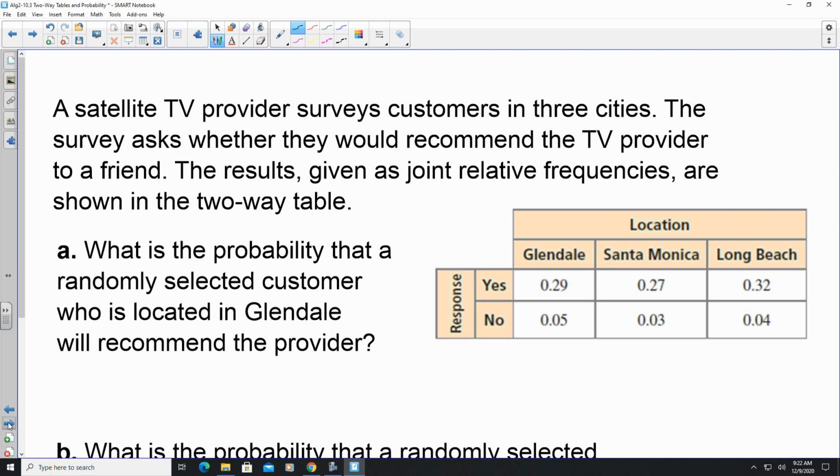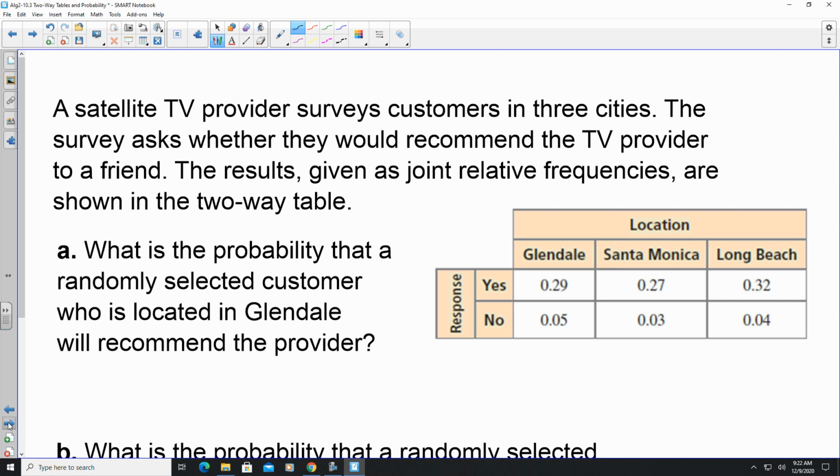Here we have some tables, and in this one it says a satellite TV provider surveys customers in 3 cities. The survey asks whether they would recommend the TV provider to a friend. The results given as joint relative frequencies are shown in the two-way table.